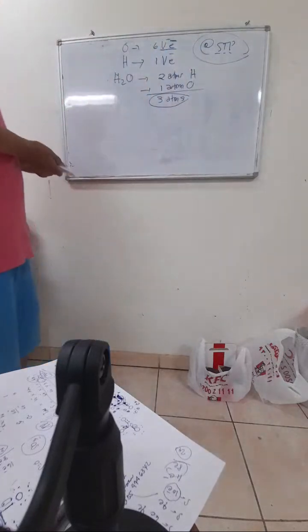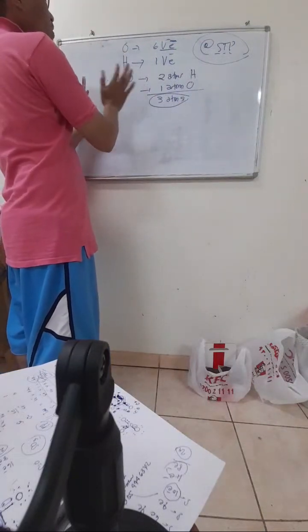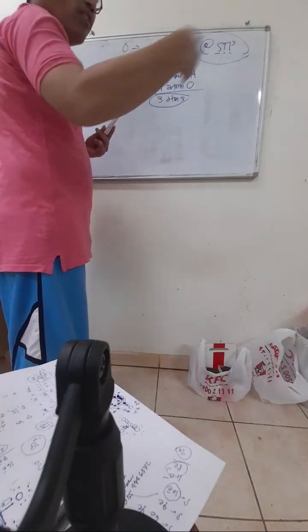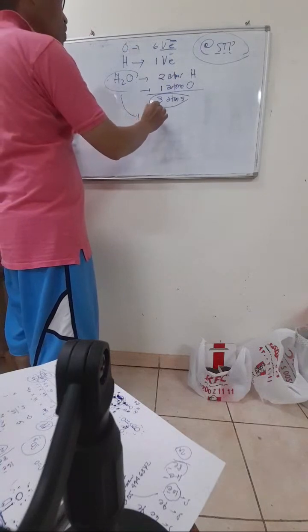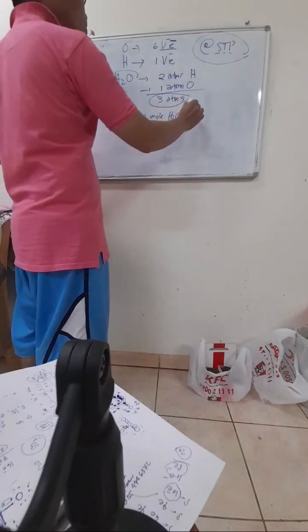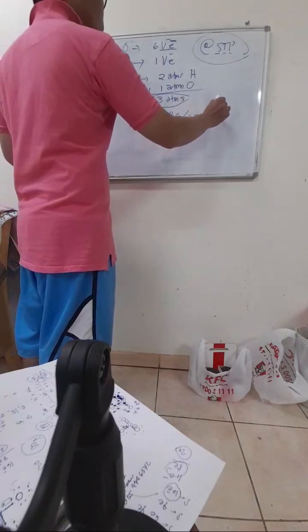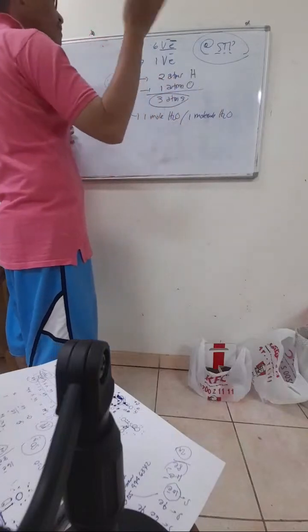Okay, got the point. Now, if you will say, how many number of moles of water? So, you will say, 1 mole of water. This one. 1 mole of water. Or we can say that also, 1 molecule of water. Okay. So it's very understandable that molecule and atom are not the same.